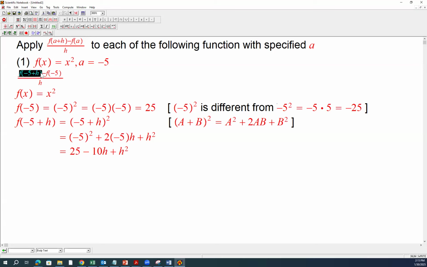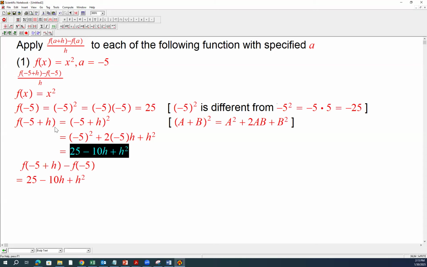So next, we're going to compose the numerator. So that's f of negative 5 plus h minus f of negative 5. We get to plug in, right? F of negative 5 plus h is 25 minus 10h plus h squared.